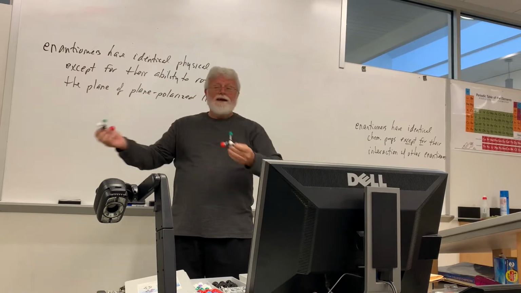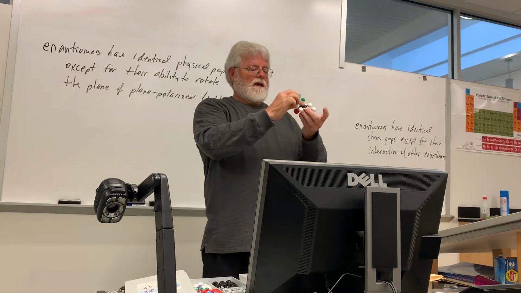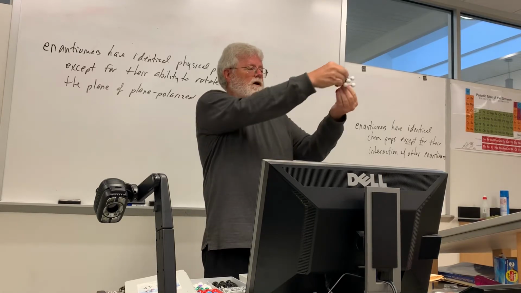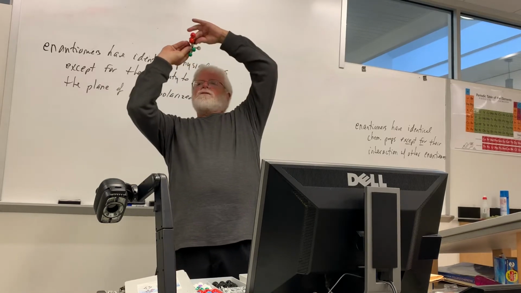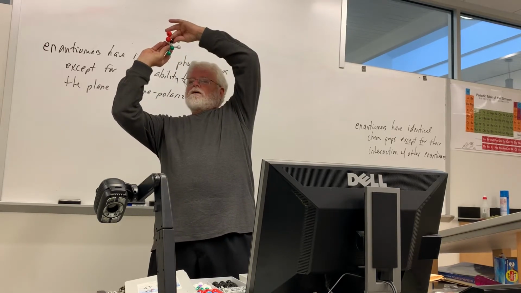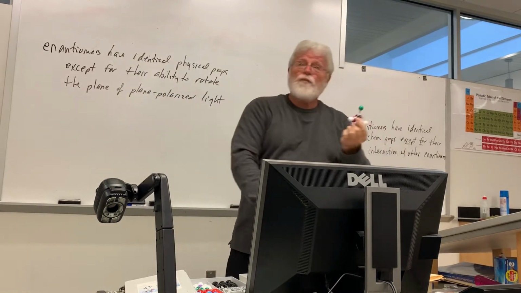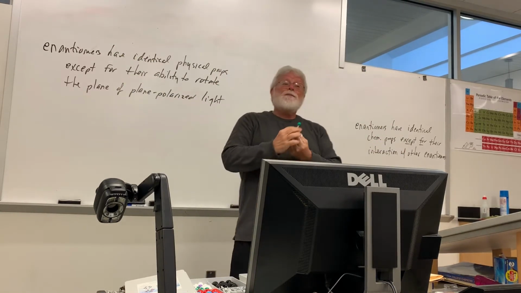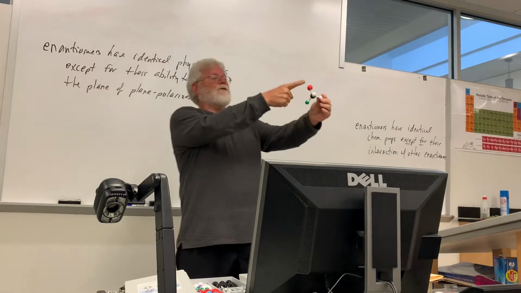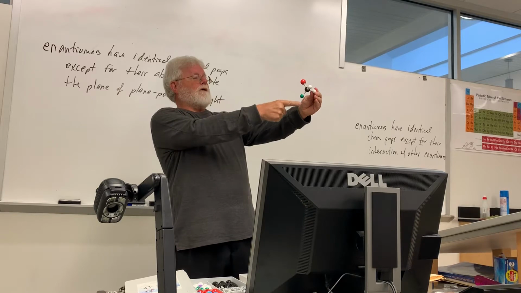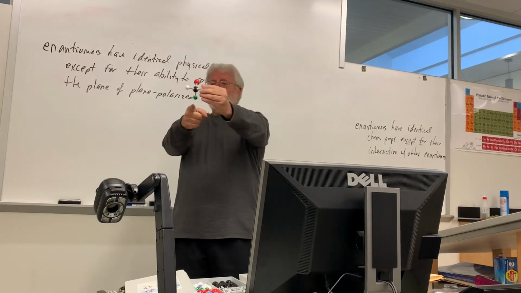No. I can yank this guy out of the mirror and I can line it up part for part. Here I have the white guys lined up. I turn it over this way. You can see I have the red guys and the green guys lined up. They are absolutely identical. And we could have predicted that because this thing has a plane of symmetry. I can slice it right through the red ball, the black ball, the green ball, and the two halves of the molecule reflect each other.